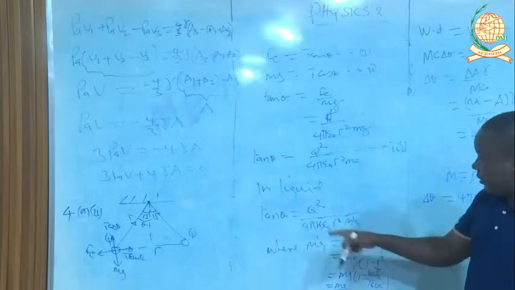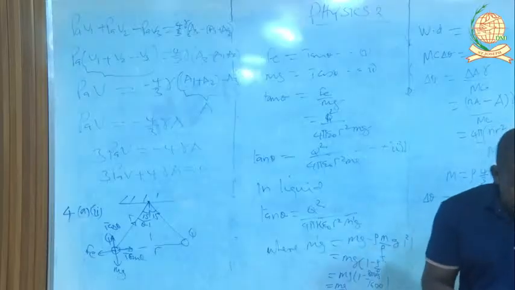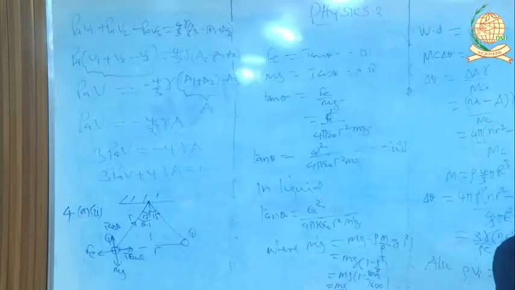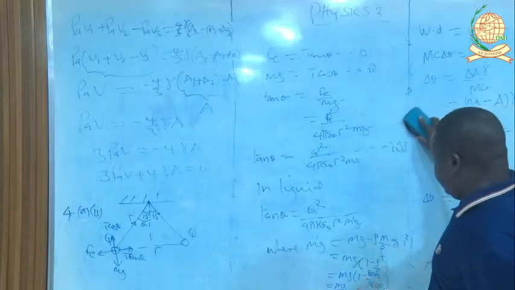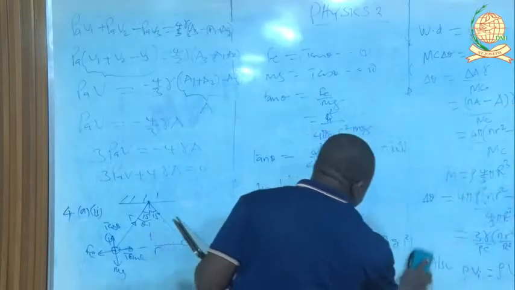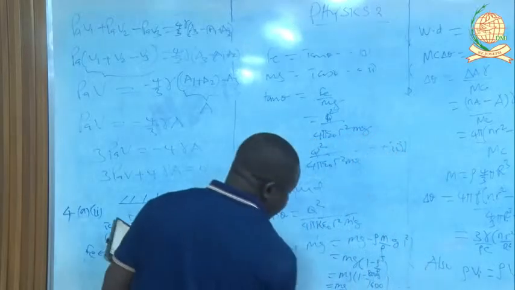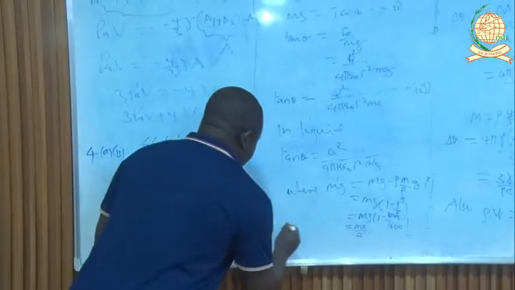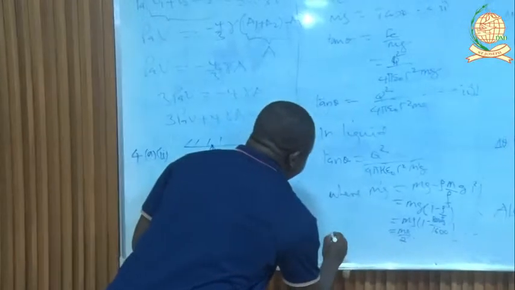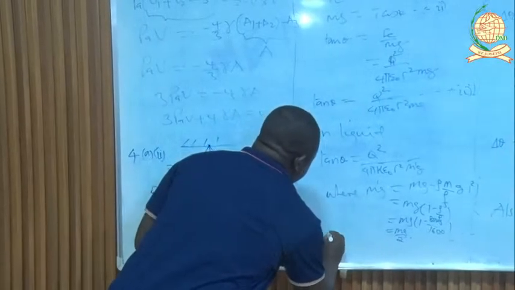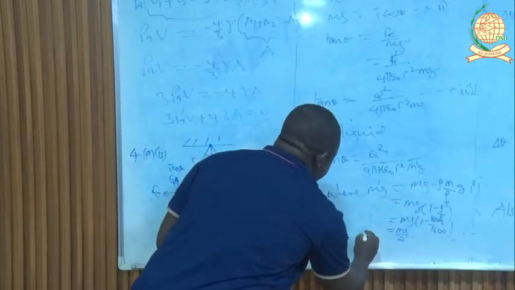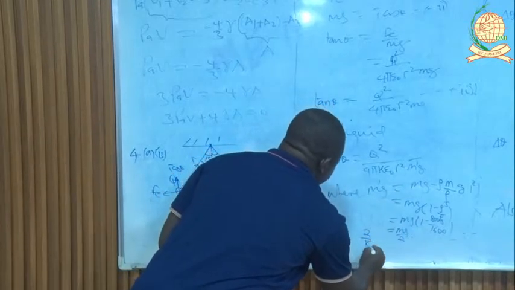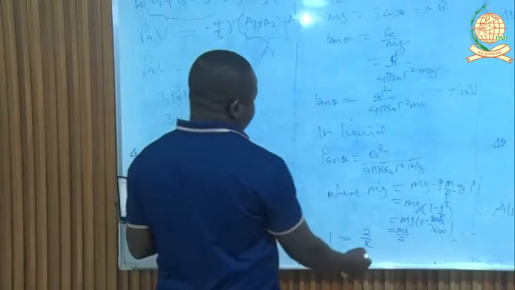On equating, you will find that 1 equals 2 over k if you compare the two equations.